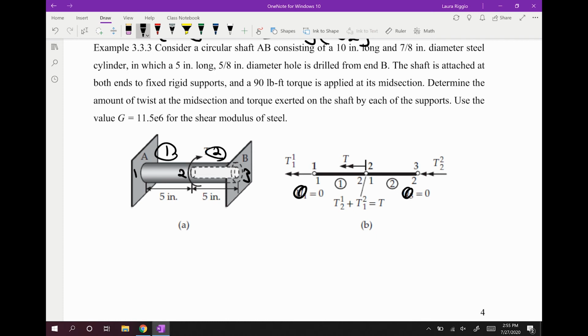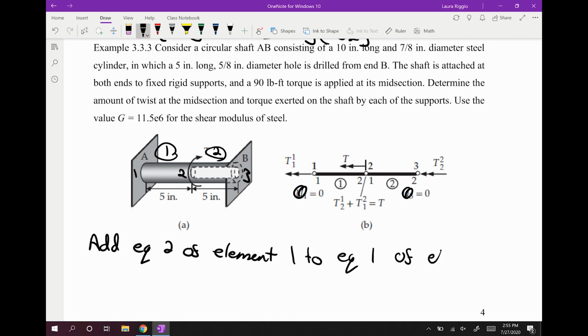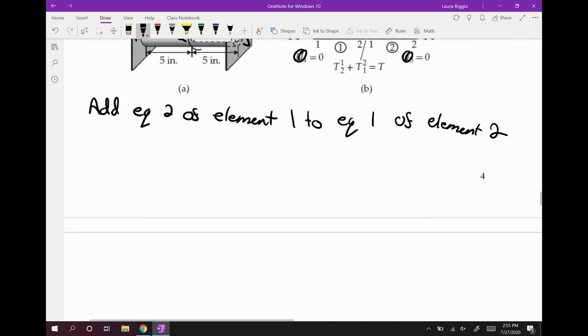So from our free body diagram, the information that we gathered is we need to add equation 2 of element 1 to equation 1 of element 2. We can also look at this as what's connecting point 1, what's connecting all of our points.